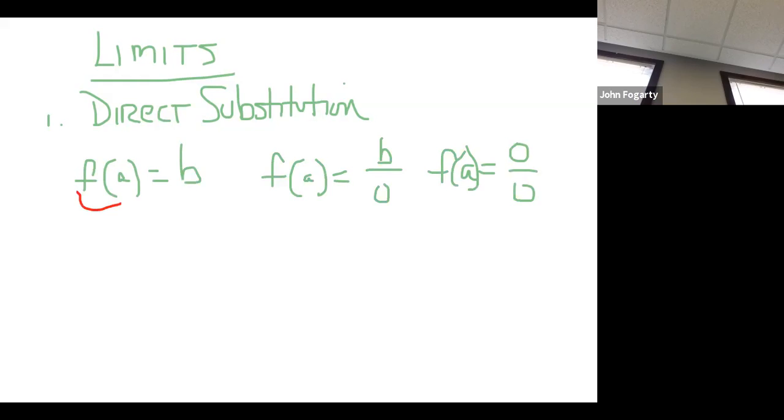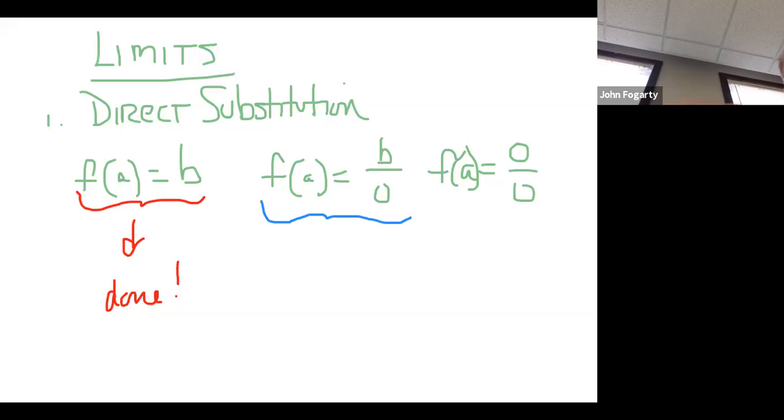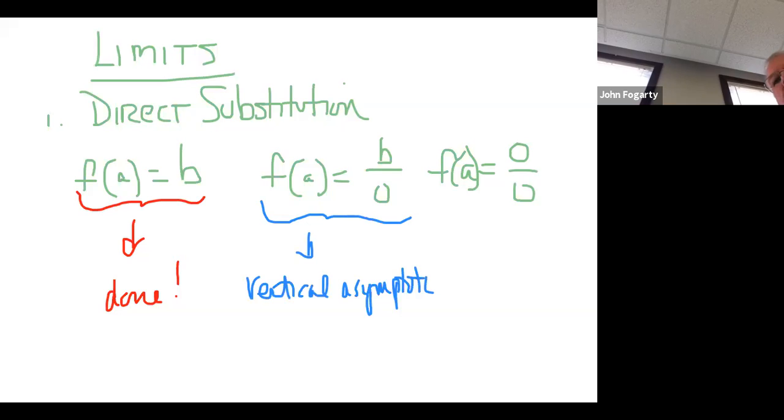If we get a real number, we're done. If you direct substitute and you get some number over 0, you are pretty confident that you are going to get a vertical asymptote, right? No limit. All right, does that make sense?